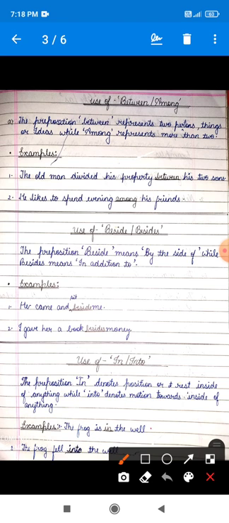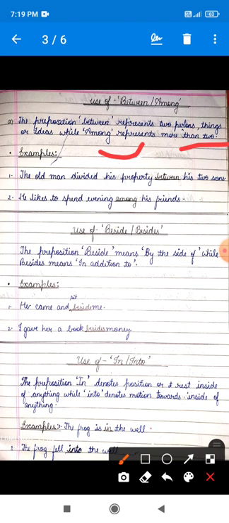The preposition between represents two persons, things, or ideas, while among represents more than two persons, things, or ideas.